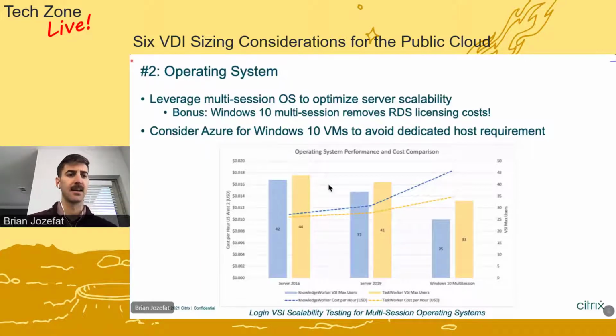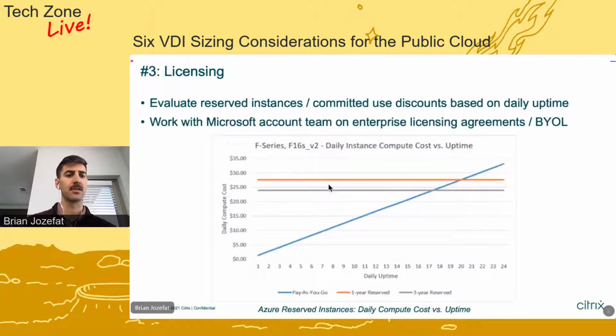All right. Continuing on the theme here, we're going to jump into licensing. So the first thing I'd mention was about the power management and making sure that machines are being power cycled when possible to reduce machine uptime.